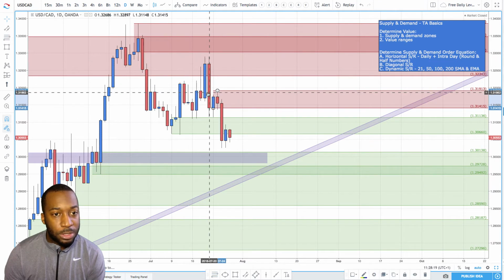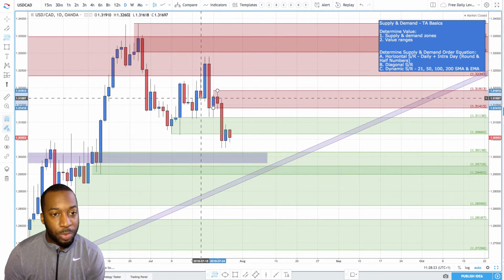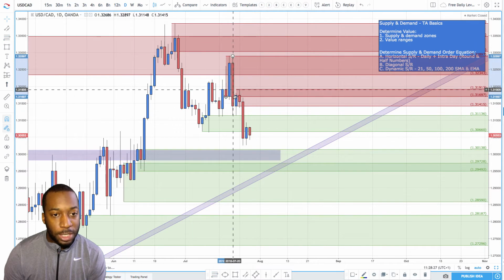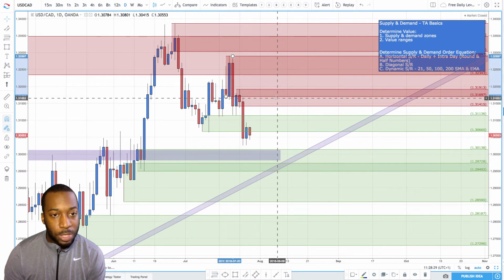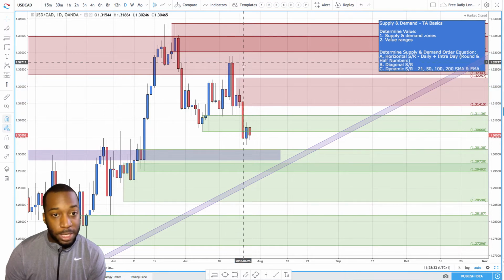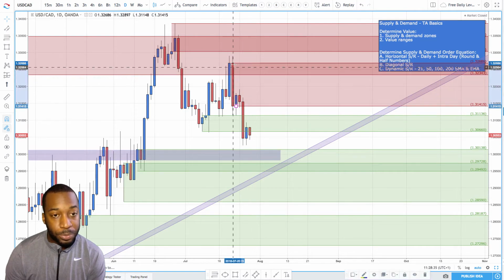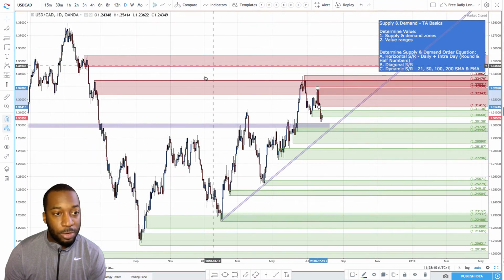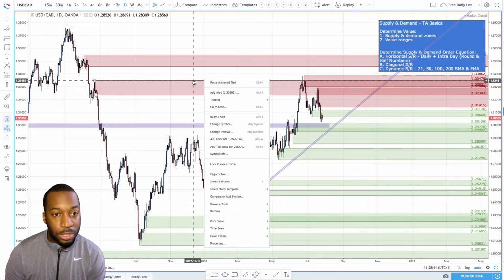I don't like it being too cluttered, but it is, because we've been making lower highs and lower lows as we've been going along. In fact, I'm going to make this one big one. Delete that. Just make that zone. I'm also going to get rid of this overall zone here.